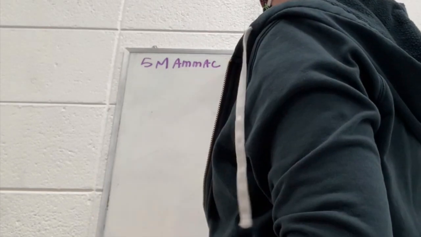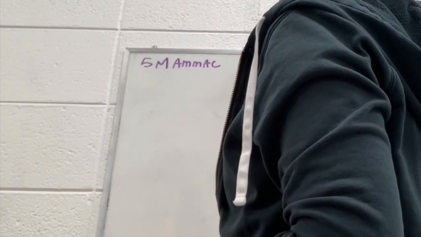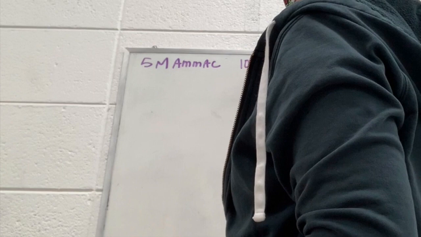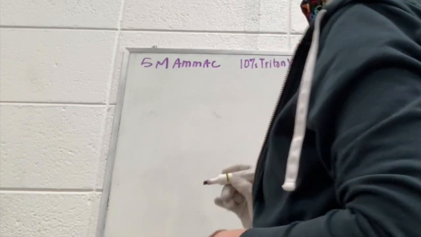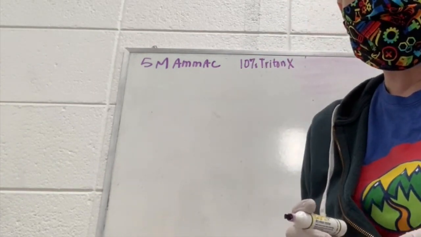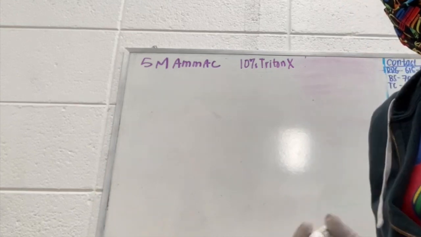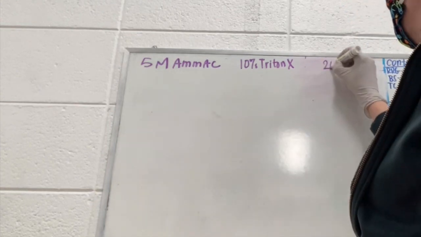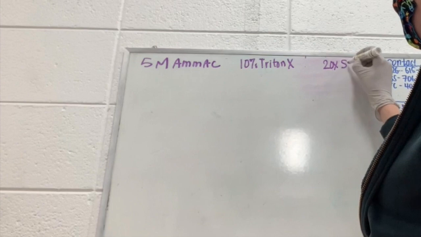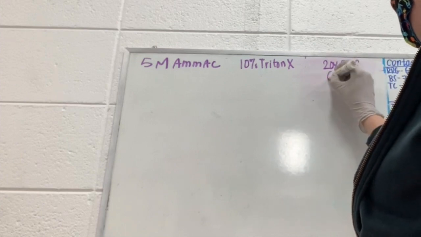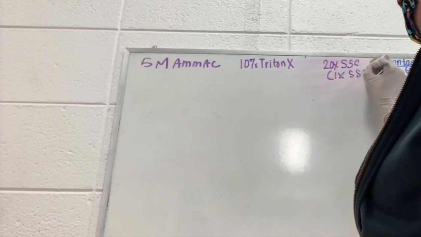So we'll go over 10% Triton. And then you might also be asked to make a dilution. So you might have a 20x solution, so like 20x SSC, and you may be asked to make 1x SSC.